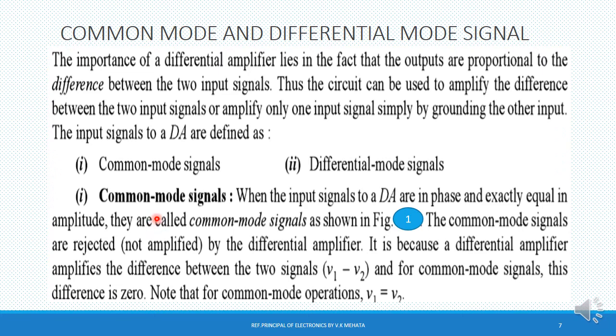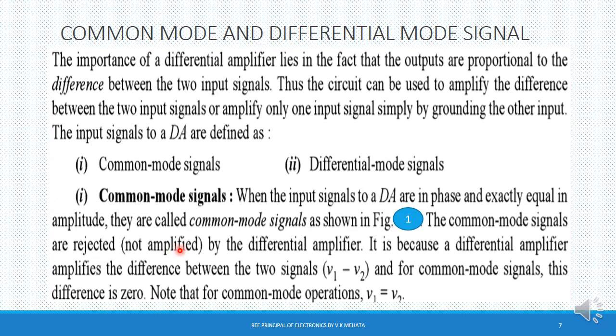Okay, when you apply two signals of the same amplitude and same phase, they are called the common mode signals. I will show this in figure 1. So what happens if you apply common mode signals to the differential amplifier? That is not amplified.